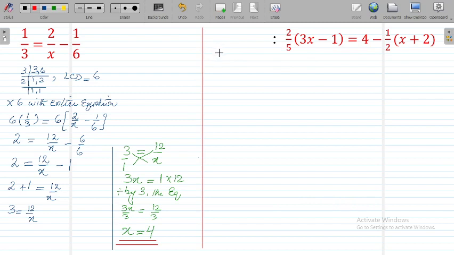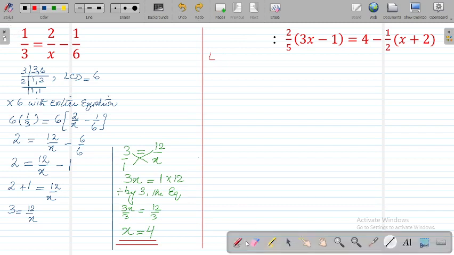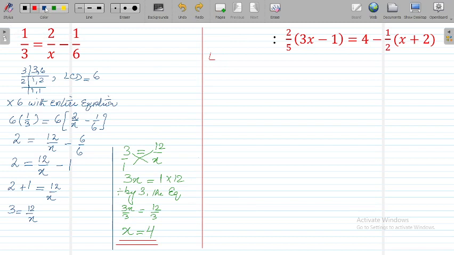For 5 and 2, the denominator will be 10. So you can say the least common denominator for this will be equal to 10.